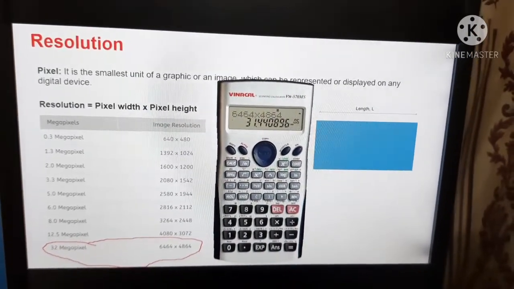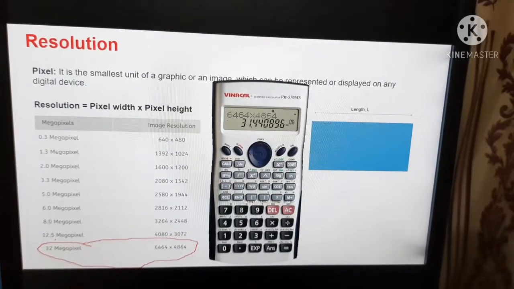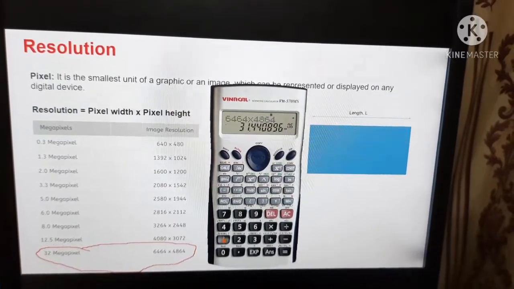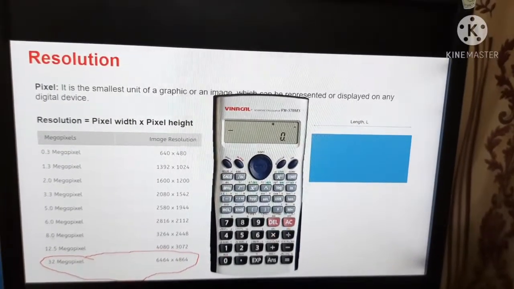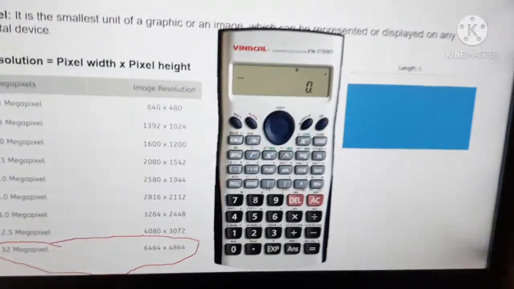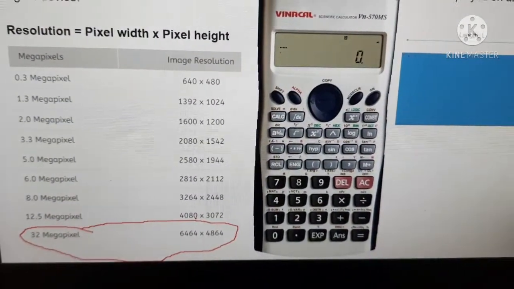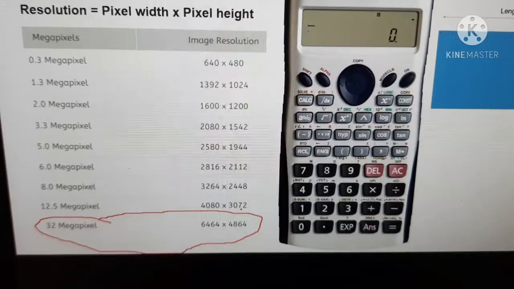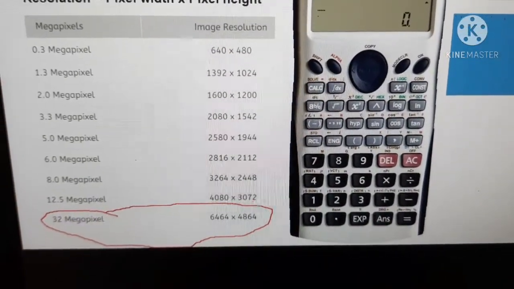Likewise, we'll try to calculate for 12.5 megapixels also. For 12.5 megapixels, 4080 into 3072 is the number of pixels.